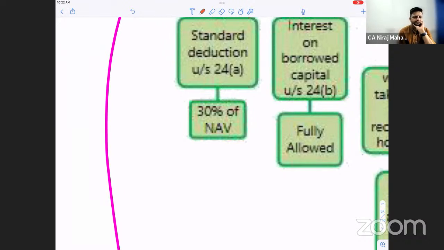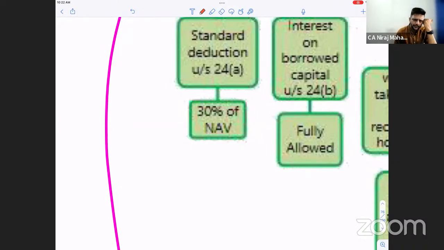Khushbu, Nitin. It will be nil, because the GAV of SOP is nil. Municipal taxes not allowed. Therefore, your NAV by default comes to nil for SOP.